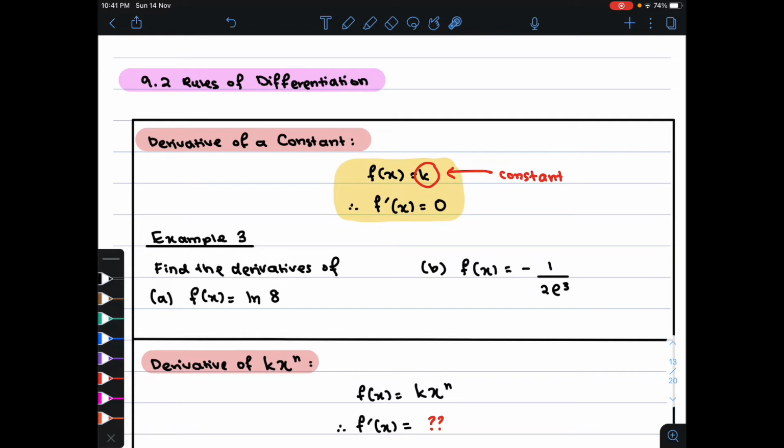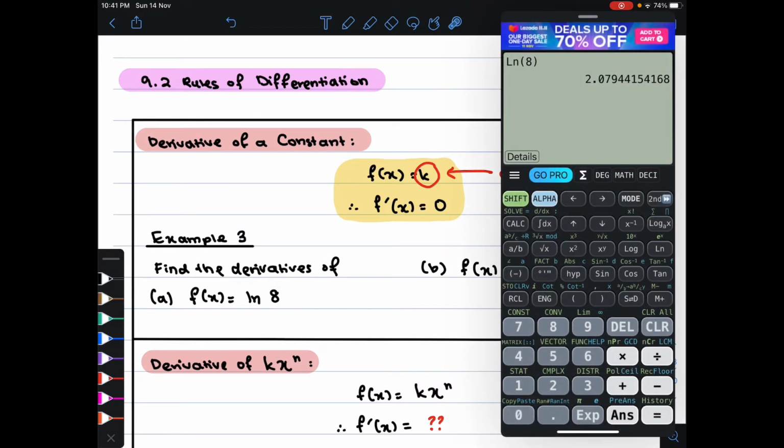So let's look at example 3, question A, where we have f(x) equal to ln 8. If we put this into the calculator, ln 8 is 2.08 and this is a constant. So if you differentiate a constant, that will give you 0. And hence, f prime x equal to 0.